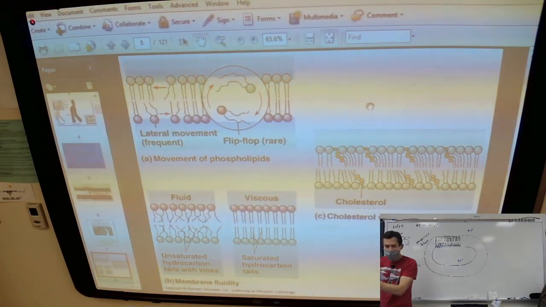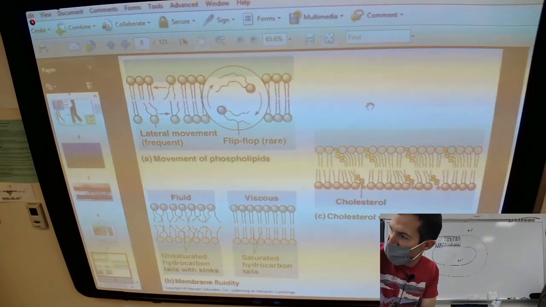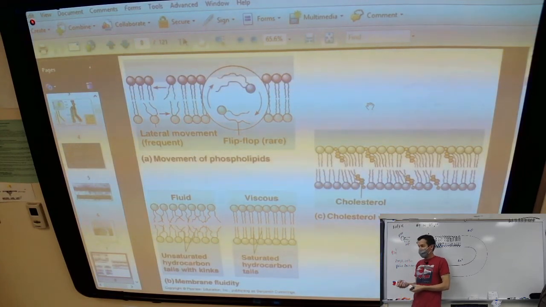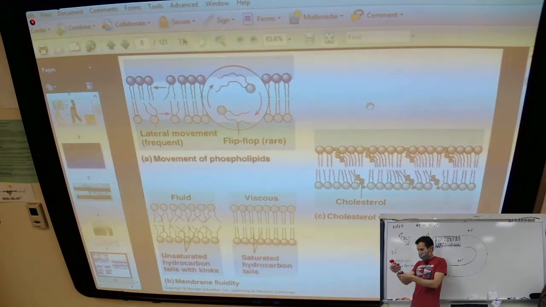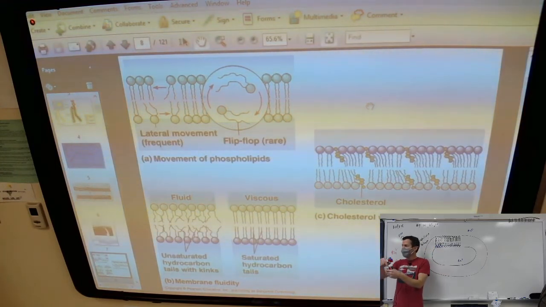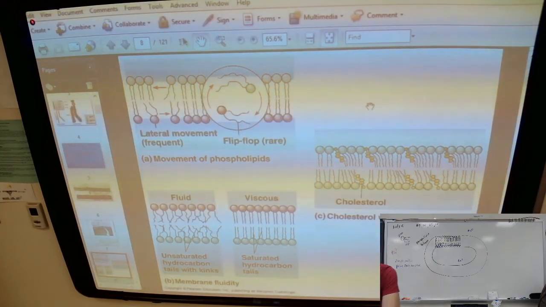Now, I can go and find it. It's in my pink cell biology book back there, that bright pink one. So I can find the exact numbers. But some dude measured how often do these switch. He basically shot a laser at a specific spot and looked at how many times does a new phospholipid enter and exit that spot. Almost like this.